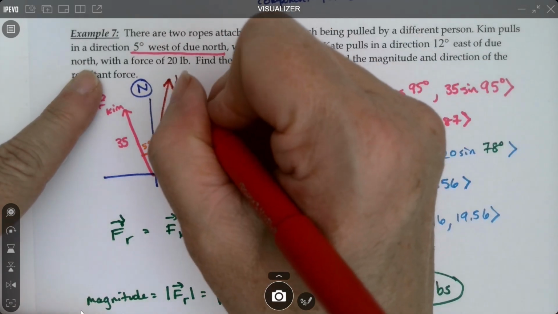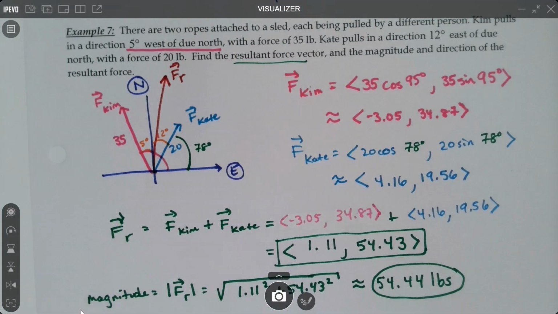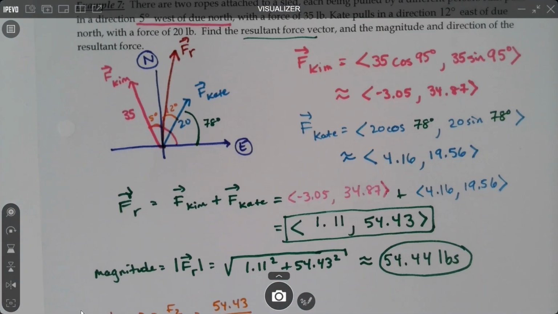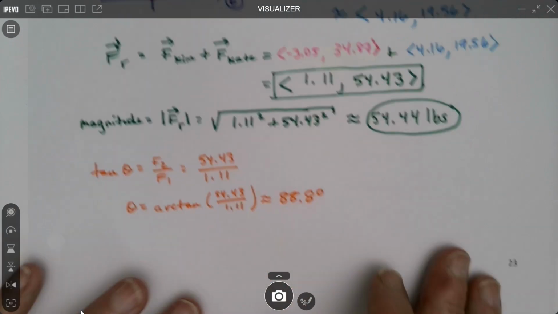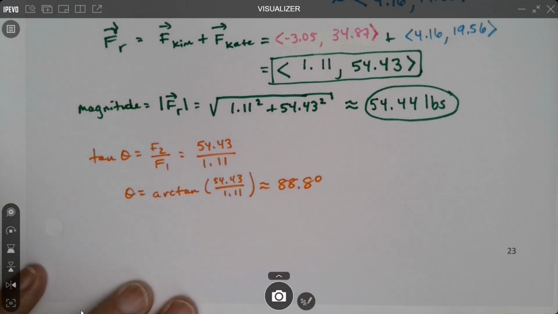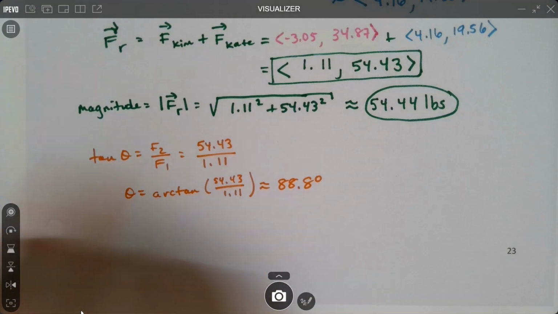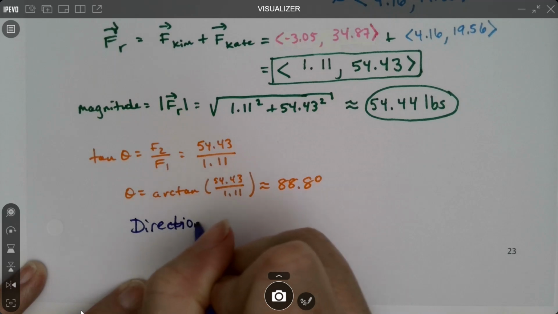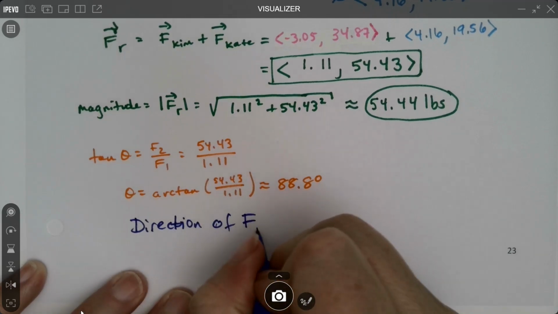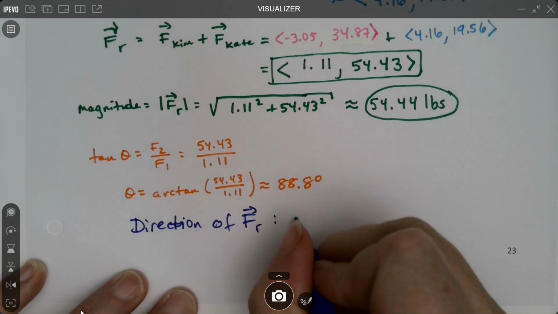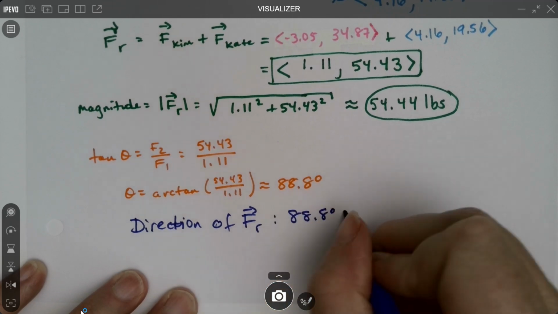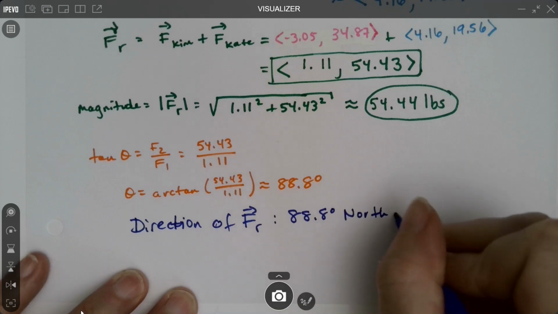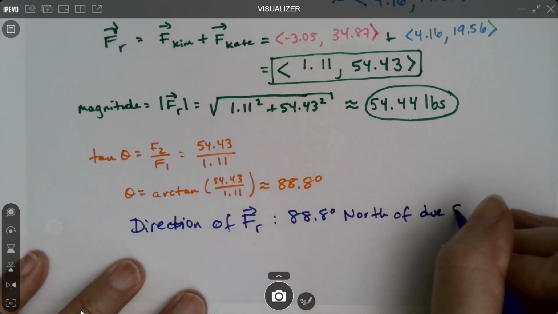With an angle of 88.88 degrees. So pretty close to true north, but not quite. Okay, so 88.88 degrees north. Let me put it this way. The direction of that force vector would be 88.8 degrees north of due east.